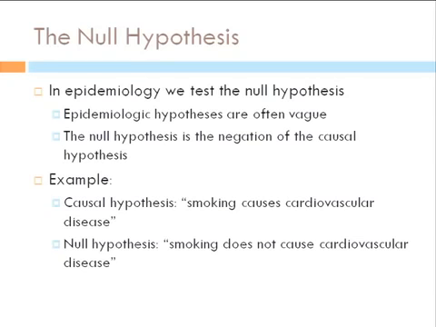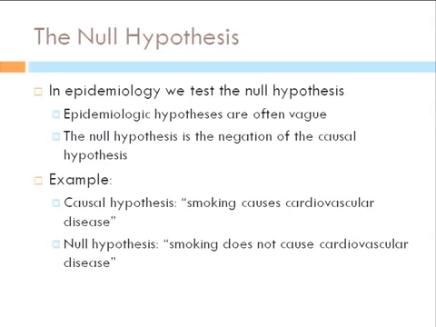All right? The reason for this is a lot of epidemiologic hypotheses are vague. When you do write a hypothesis, you want to make it as specific as possible. But a lot of times, when you start first looking at something like, does oral contraceptive use lead to breast cancer? You have this very vague hypothesis, right? Basically, oral contraceptive use leads to breast cancer.